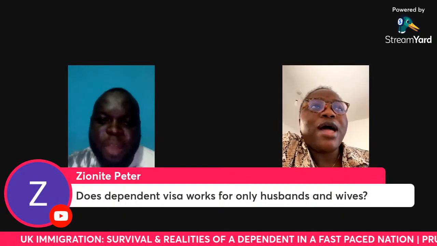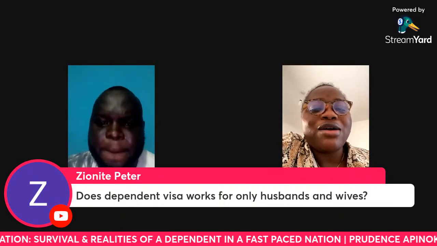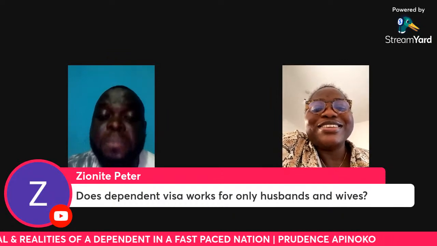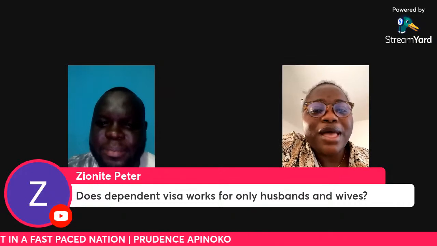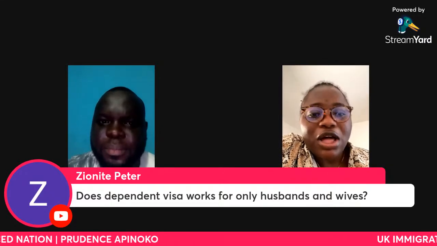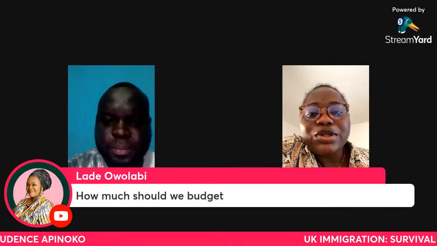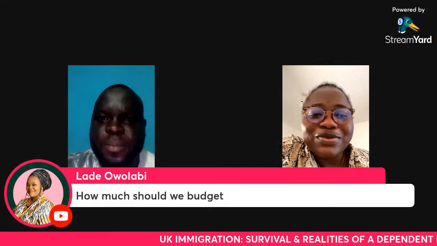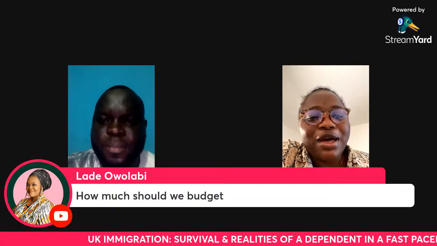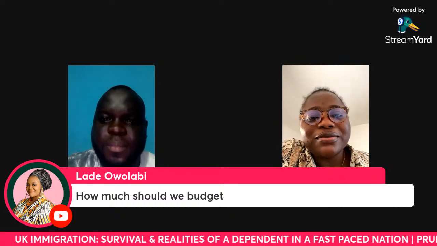Is there a number of children? I know a family who adopted their house help because of the situation of childcare here. They adopted their house help as one of their children, and she's here. They both work, and the lady just helps take care of the kids.